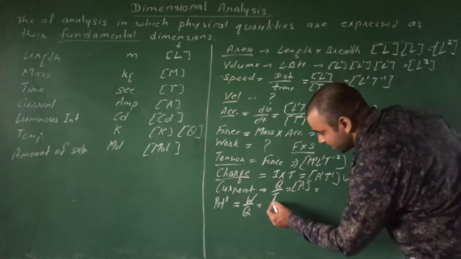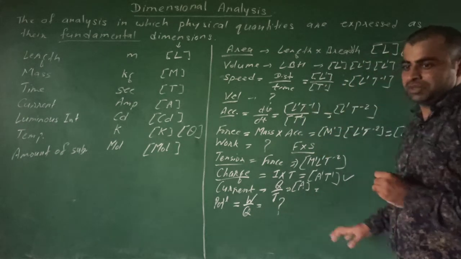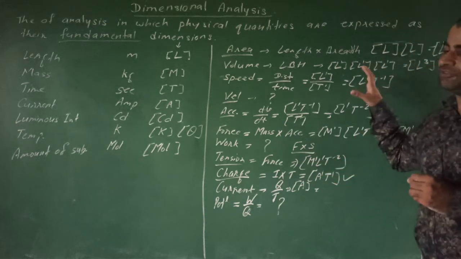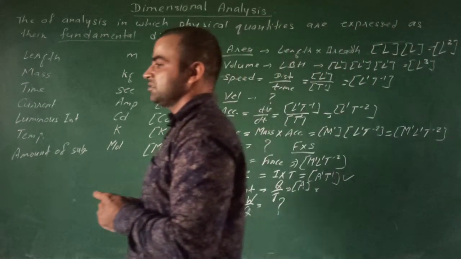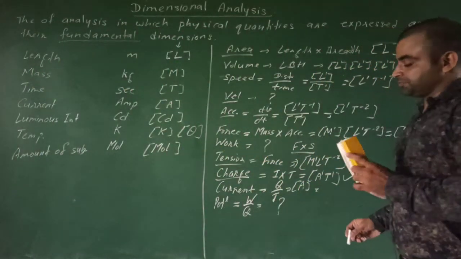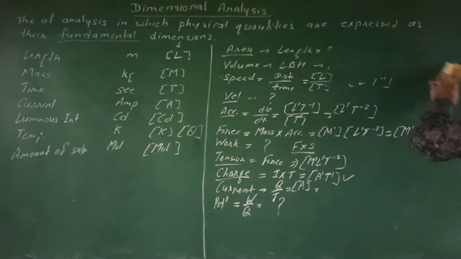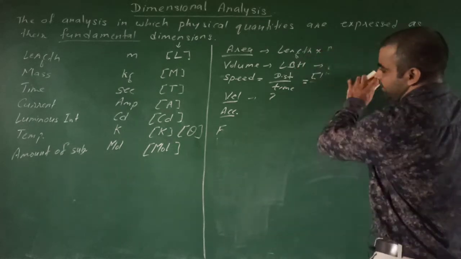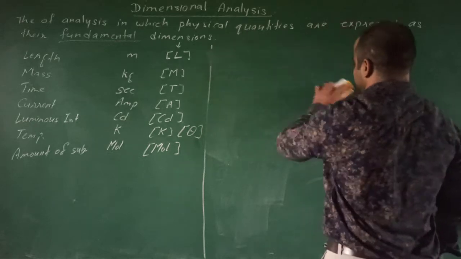Write it and mention in comment box with your name. So we can find out so many dimensions by using these relations. Now we will discuss the applications of dimensions and their limitations.